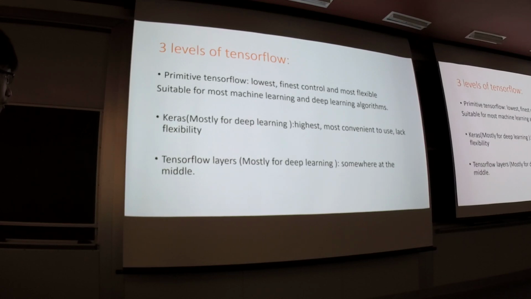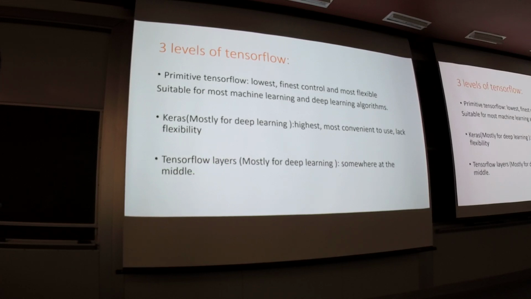I would say if you want to do something in machine learning, then you would like to use the primitive TensorFlow. If you are a beginner to deep learning, you would like to use Keras. And if you are developing something new in deep learning, then you will like to use this one.